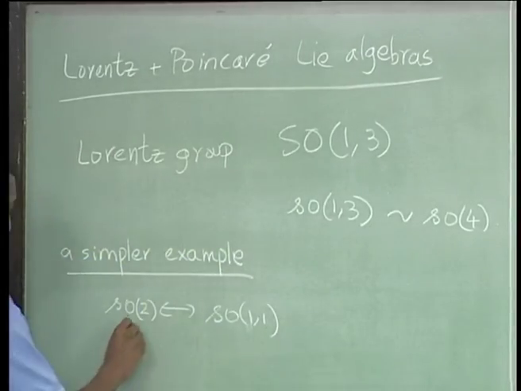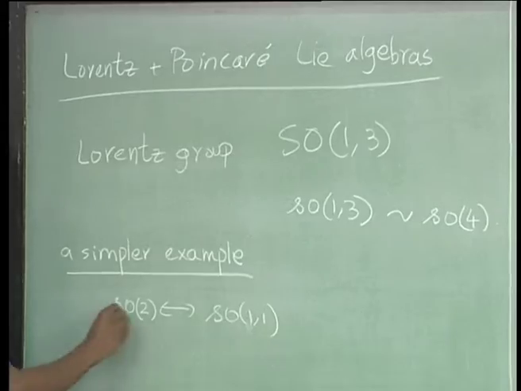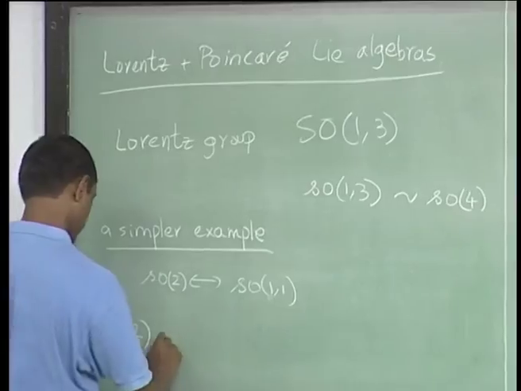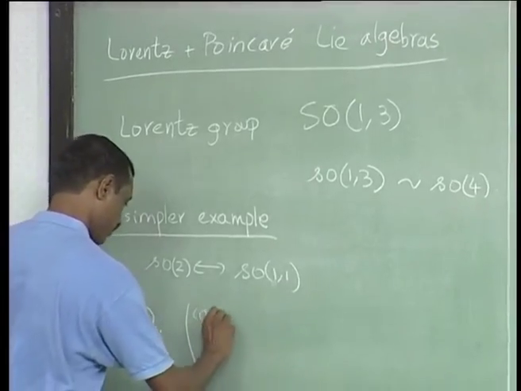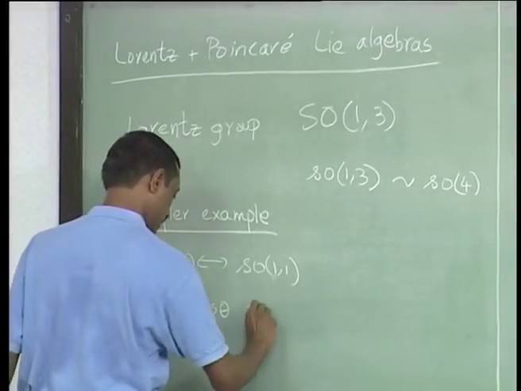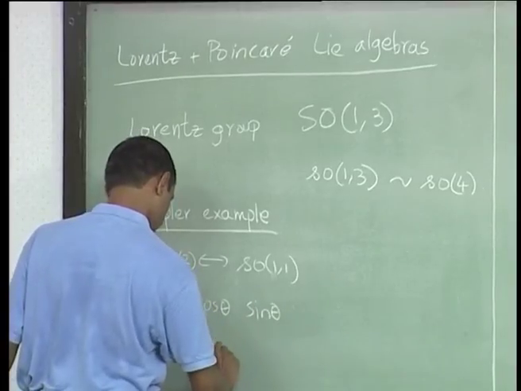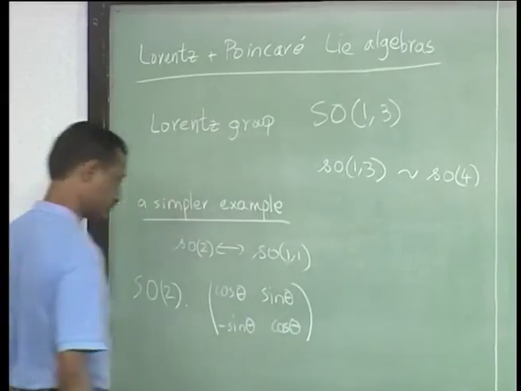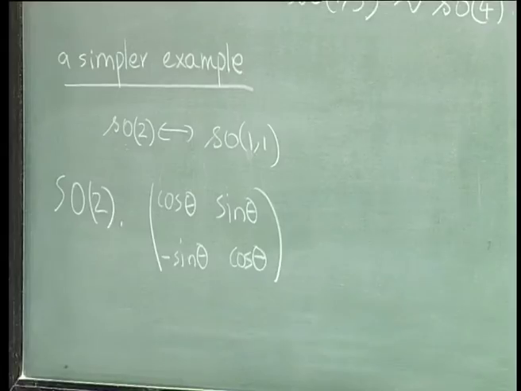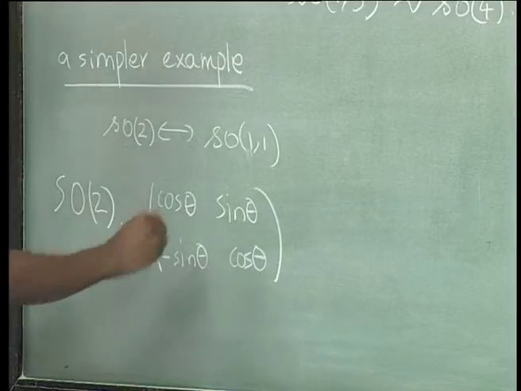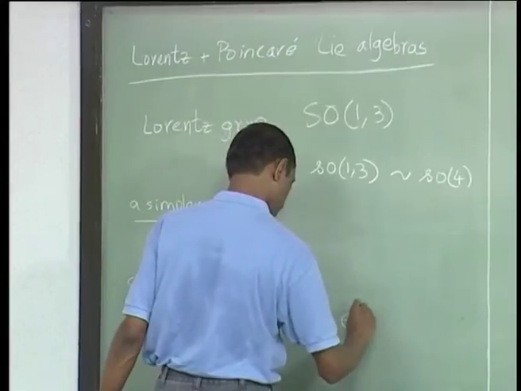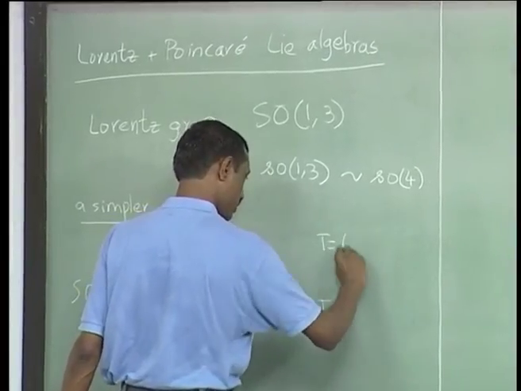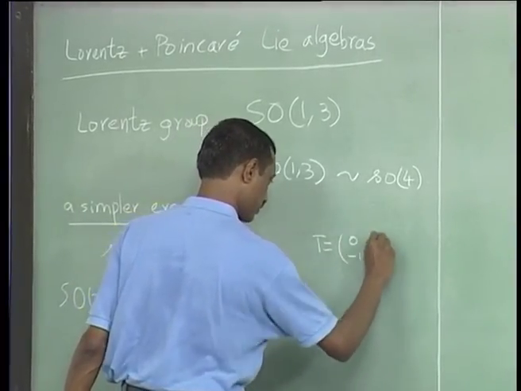So let us look at SO(2). We know that any SO(2) matrix can be written as cosine theta, sin theta, where theta is some angle, and we know that this is equal to e power theta times t, where t is a 2 by 2 antisymmetric matrix.